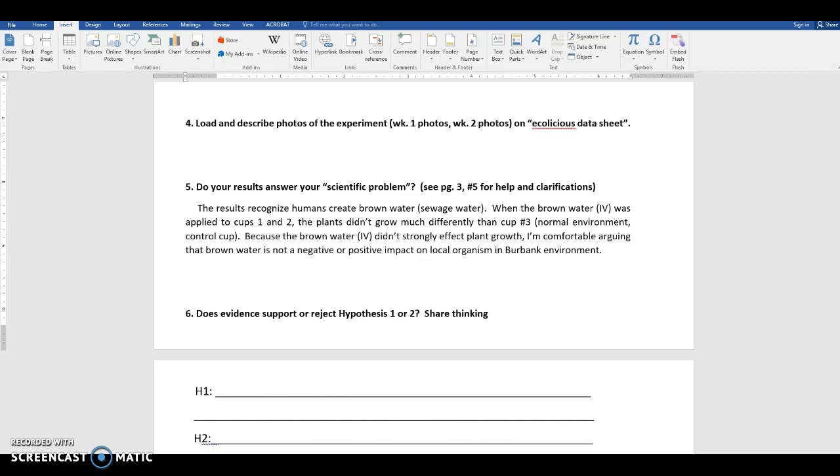So the plants pretty much grew the same regardless of what cup they were in. So I'm going to suggest that the plants really didn't get hurt or helped by the brown water because they pretty much grew the same.